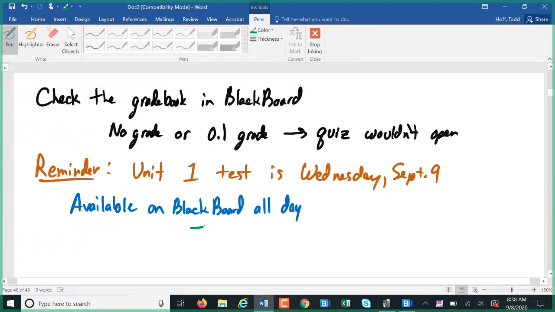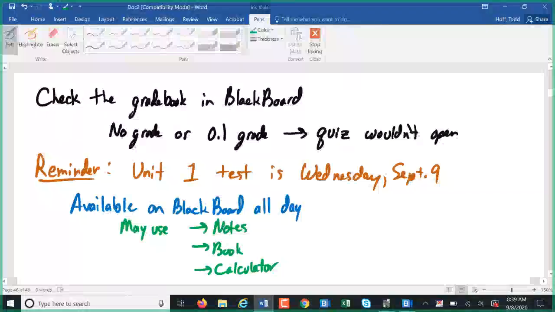You may use your notes, your book, calculator. So basically, you can use any resource you have, other than you can't sit down with your buddies and work on it together.